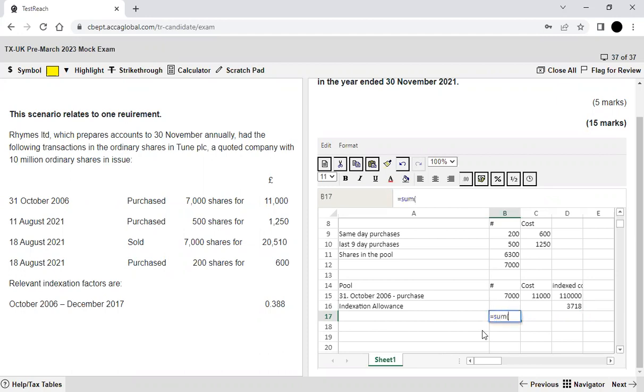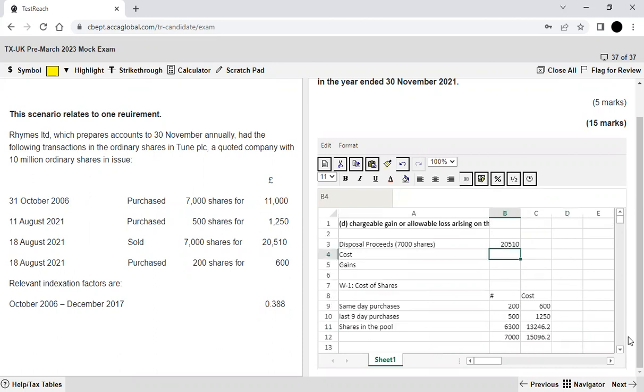As a result, total number of shares remains the same. Shares in the pool would be like cost is by the amount.